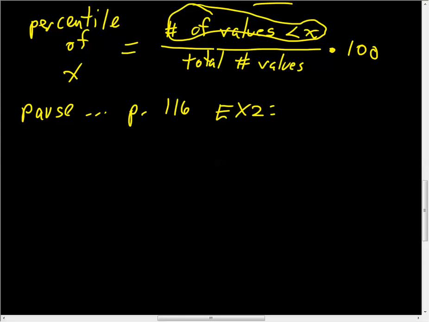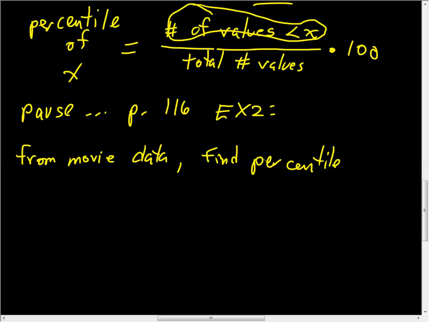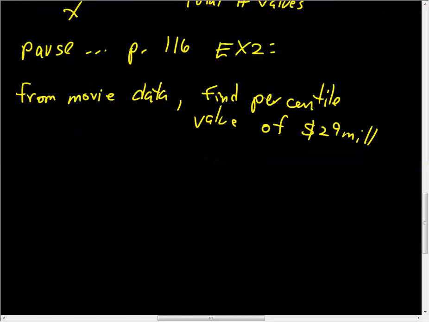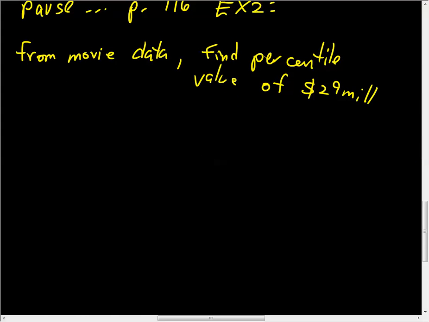Looking at this example from the movie data, let's find the percentile value of 29 million. You'll see there is a value there in the list that specifies 29 million in the movie budget.